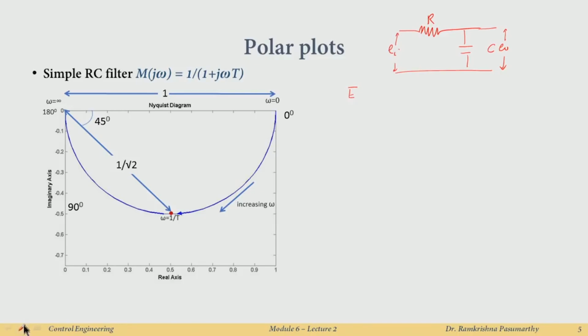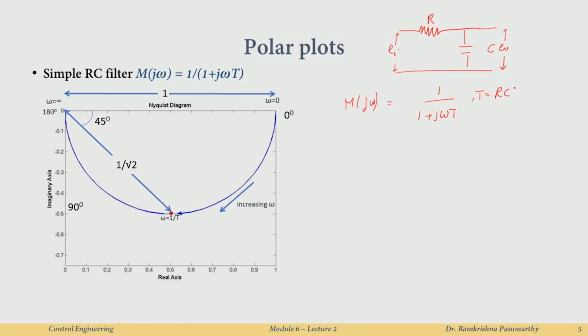So I'll just directly write down the sinusoidal transfer function, not even the overall transfer function. So this M of j omega looks like 1 over 1 plus j omega T, where T is the time constant, T equal to RC.